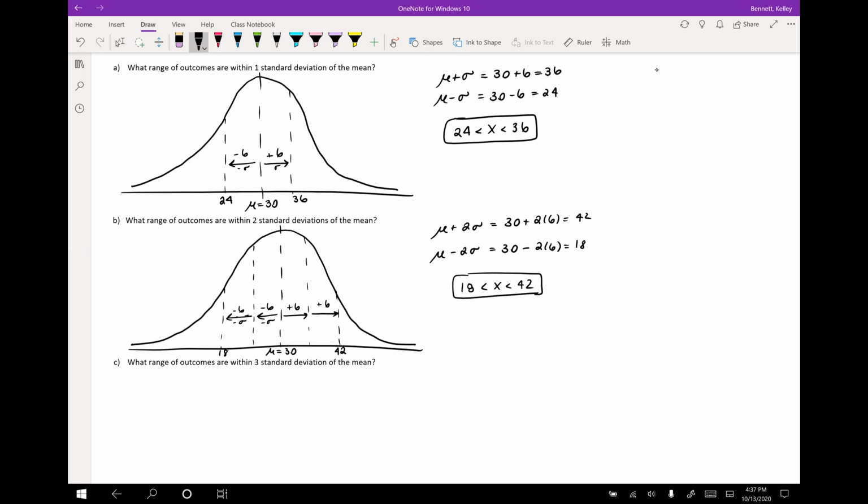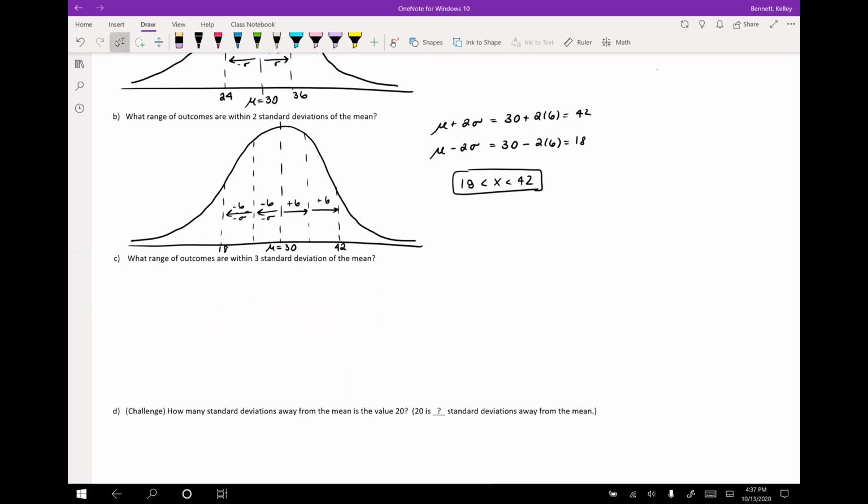All right, so for the last one, I want to do 3 standard deviations. So again, the mean, mu, is always at our center. It was given to us to be 30. So I've got 1 standard deviation, another standard deviation, and another standard deviation.